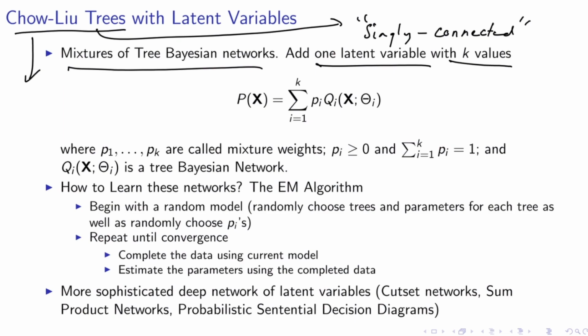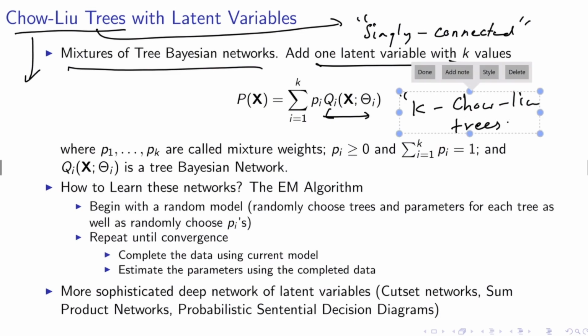Okay, so since this is a mixture variable, one way of looking at it is that you have a collection of k Chow-Liu trees, each with their parameter set, let's call it theta i.